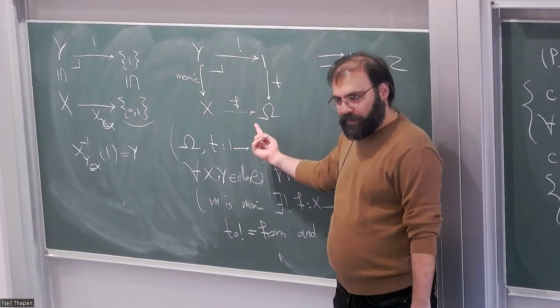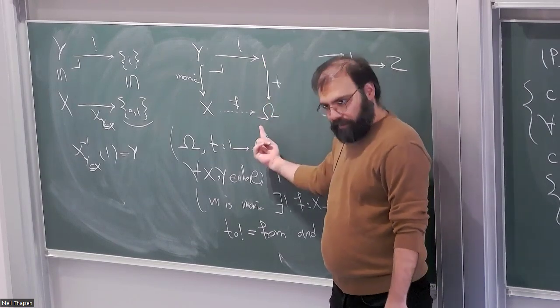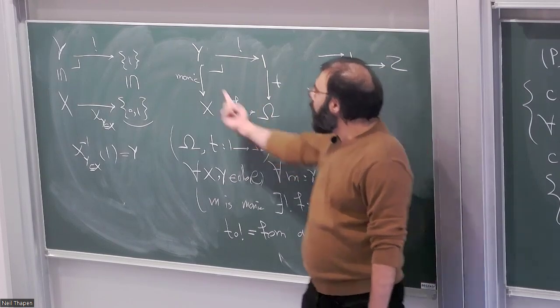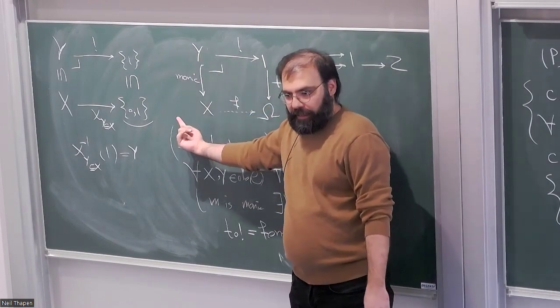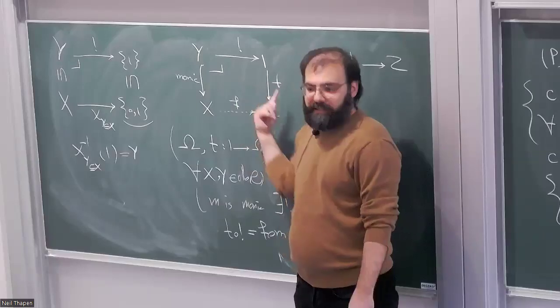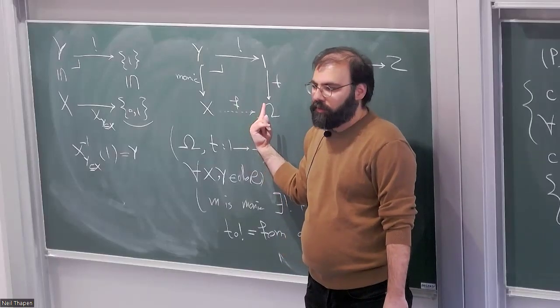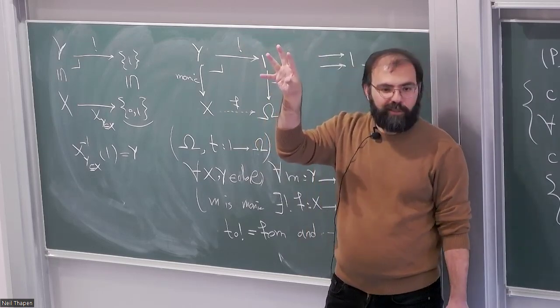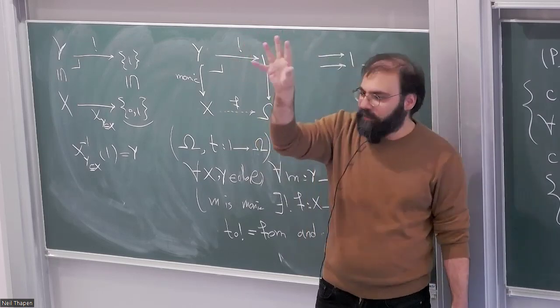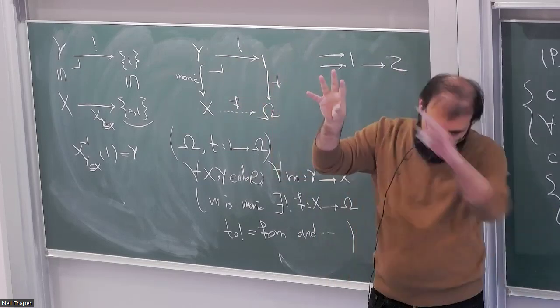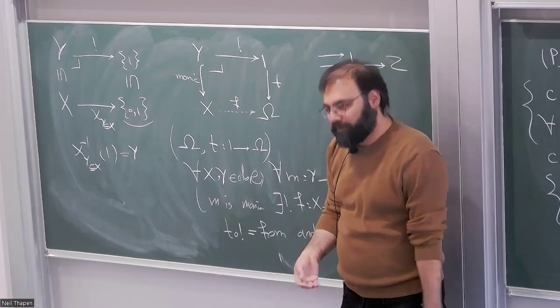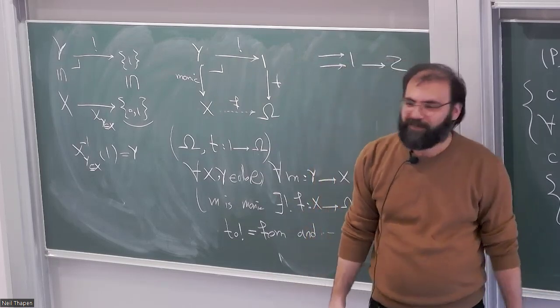It's a sub-object because it's monic, as I said before, and any other sub-object is the pullback or inverse image of it. So this is the generic sub-object, the generic subset. You have it, and if you want something else, just take the inverse image. This is the greatest possible sub-object ever.